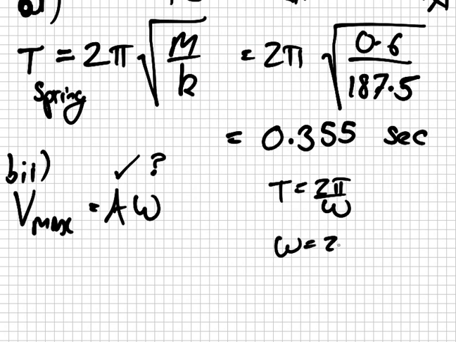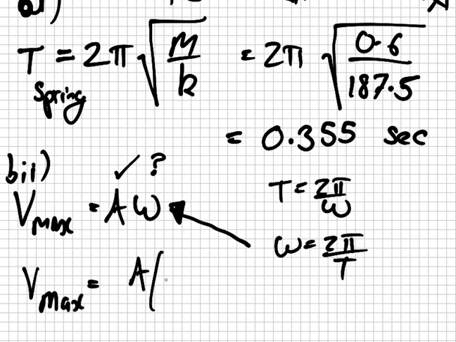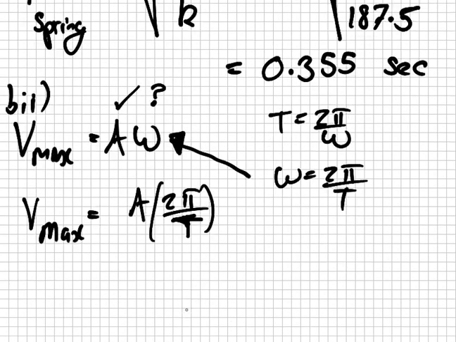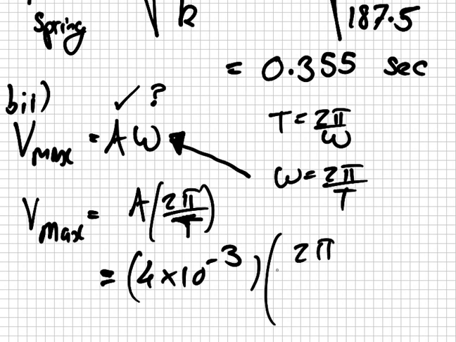So omega equals 2 pi over T, because we know the T. So if I just put that back in, I get V max equals A times 2 pi over T, which here would be 4 times 10 to the minus 3, times 2 pi over 0.355.